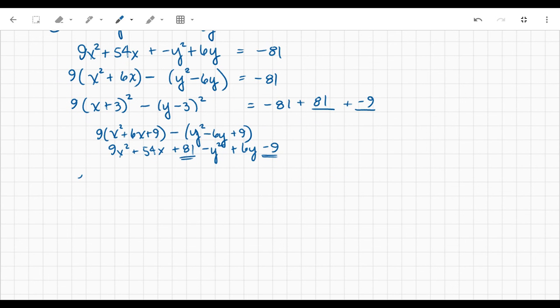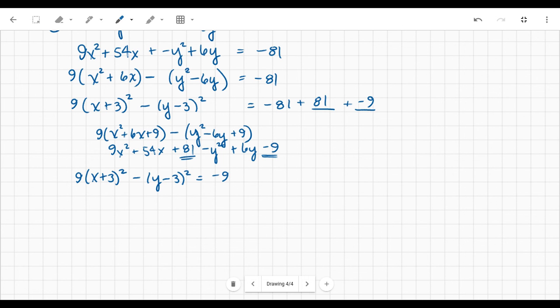So now I have 9 times x plus 3 squared minus y minus 3 squared equals negative 81 plus 81, so it's 0 minus 9. My last step is divide everything by -9. So my x term, which is positive right now, is actually going to be the -1.